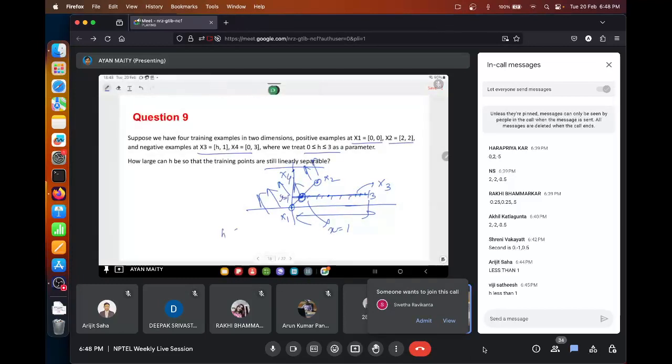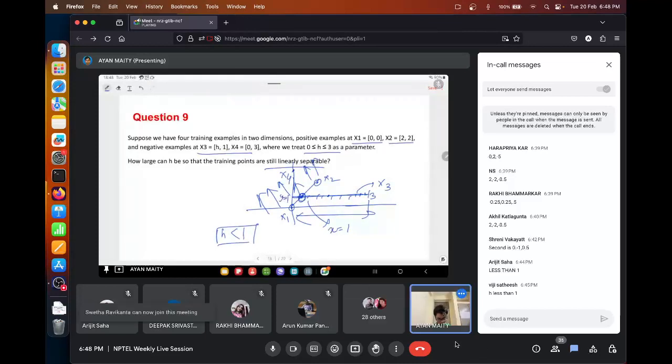So h has to be less than 1. If h is less than 1, then x3 and x4 can be linearly separated from x1 and x2. So is there any doubt in this question, as it has already been solved in a previous live session? If someone of you did not join that and can't understand, then you can ask me.